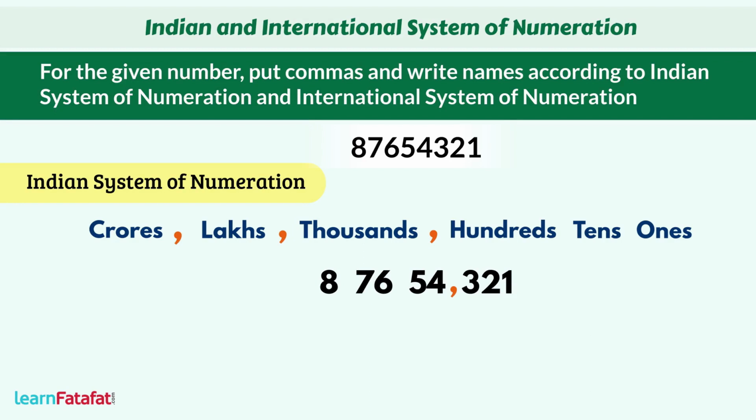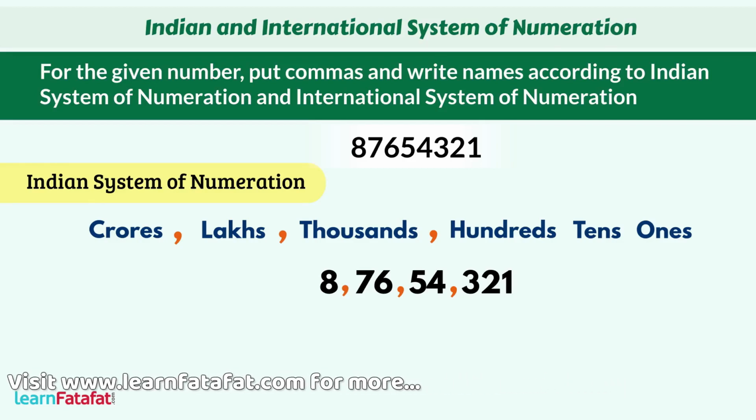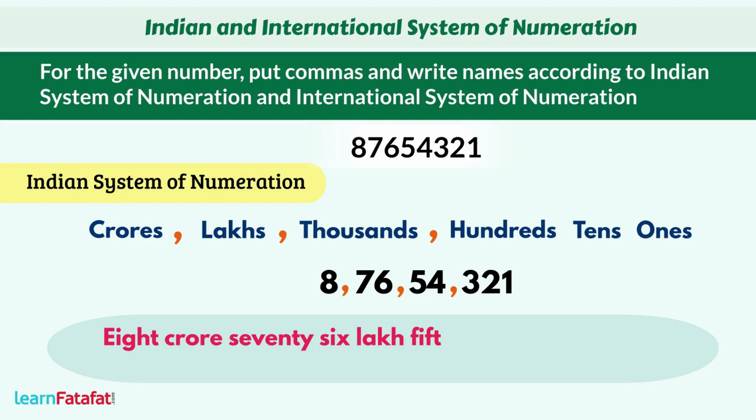Put the second comma after the 10,000's place, that is, 2 digits after the first comma, to mark lakhs. Put the third comma after 10 lakhs, that is, 2 digits after the second comma, to mark crores. So the number name is 8,76,54,321.